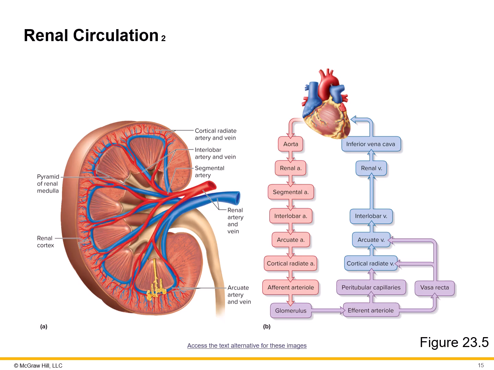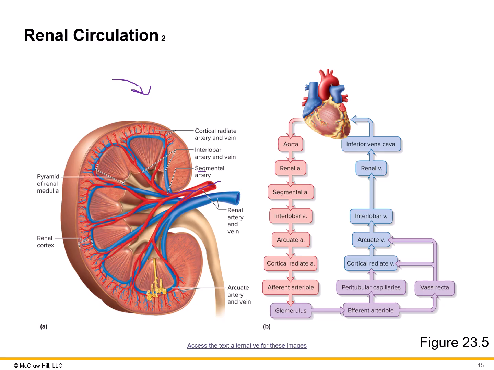So here is a cross-section of our kidney, and I'm going to start with the arteries, work my way down, and then back. So if we're starting with the arteries, we would start with the renal artery. Okay, it would branch off, it would get a little smaller and become the segmental artery.